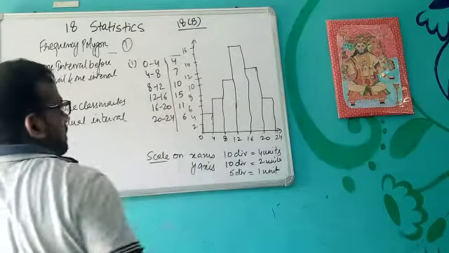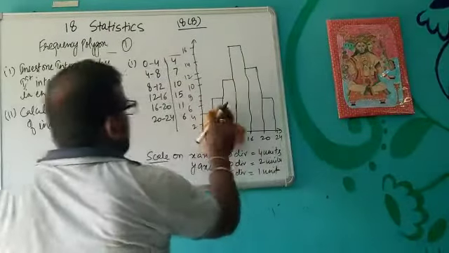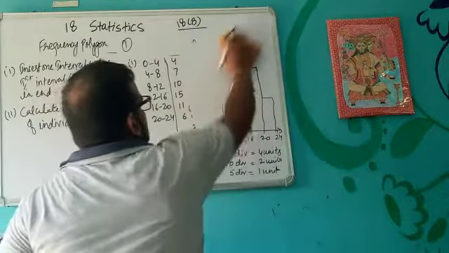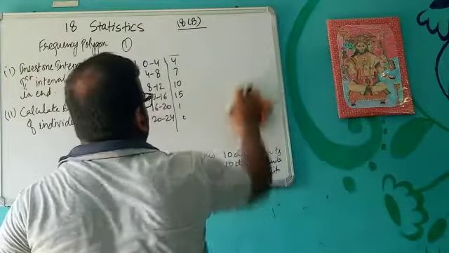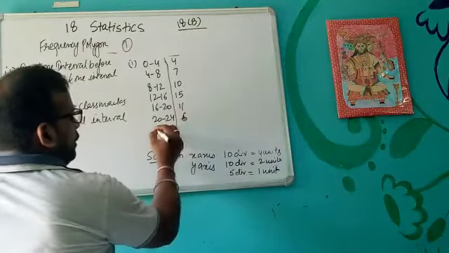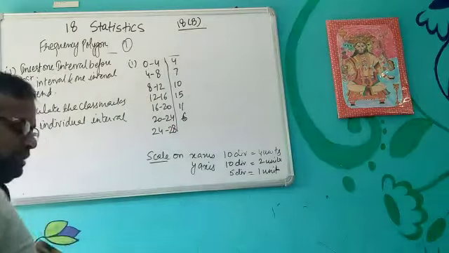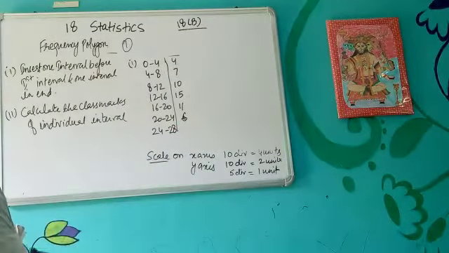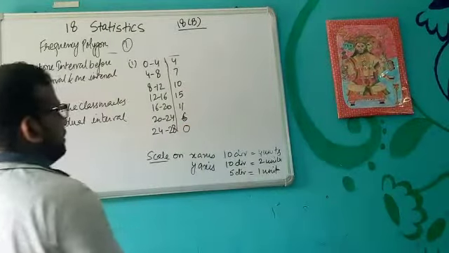What I need is one interval at the beginning and one interval at the end. So what I am going to do, after 20 to 24, next will be 24 to 28. Okay, this is one interval at the end, and since it is not given, its frequency we have to take as 0.